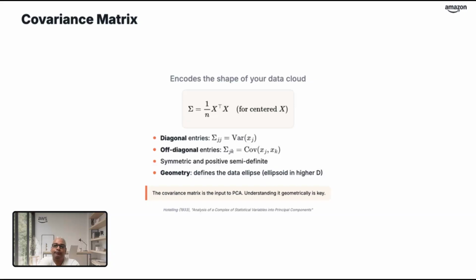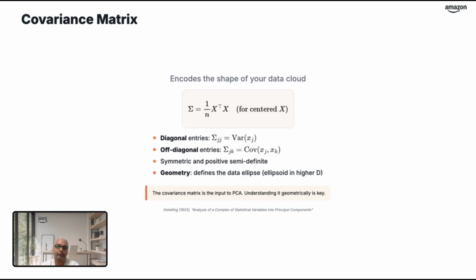We discussed the covariance matrix first. The idea is that we work with the centered data, where we have subtracted the mean from the data set, and we calculate the covariance.